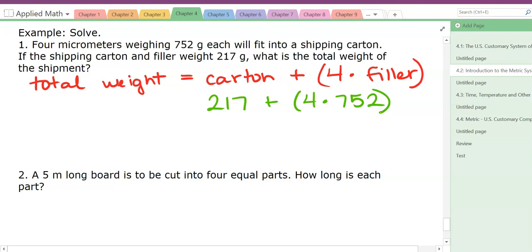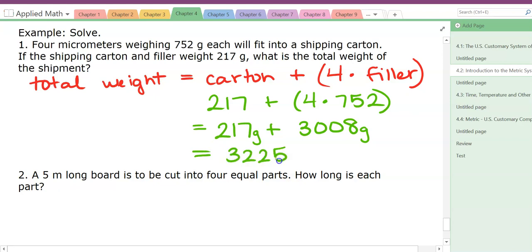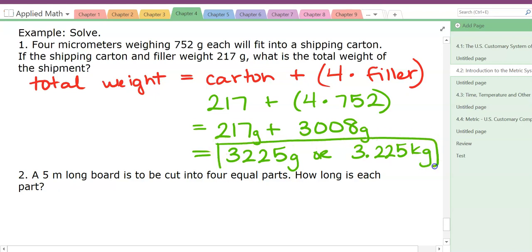I'm going to take 4 times 752, which is going to be 3,008. And these are both in grams, so I should be able to just go ahead and add those together. And that's going to give me 3,225 grams. Or we could rewrite that as 3.225 kilograms. Either one would be acceptable.